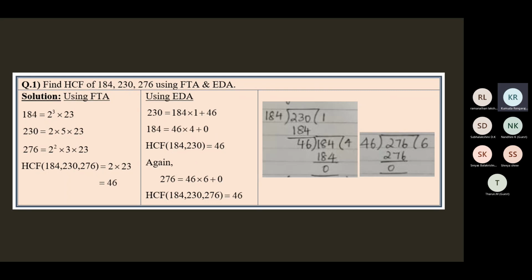Using EDA, meaning Euclid's division algorithm or Euclid's division lemma. So for that, you can see the division alongside, and the HCF is 46. Fundamental theorem of arithmetic means the prime factorization method. For LCM, you will write all the factors.